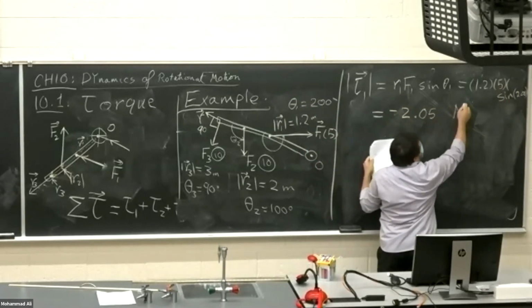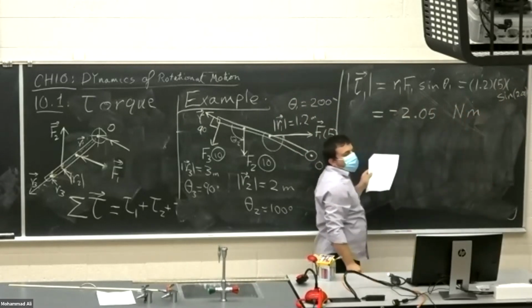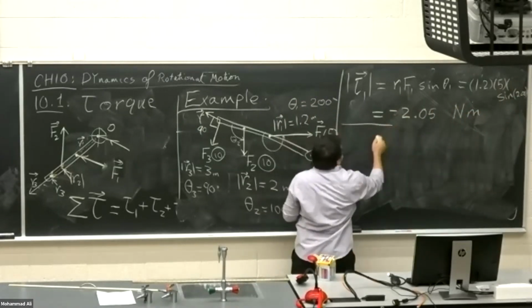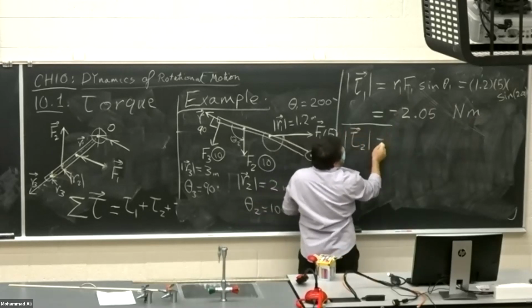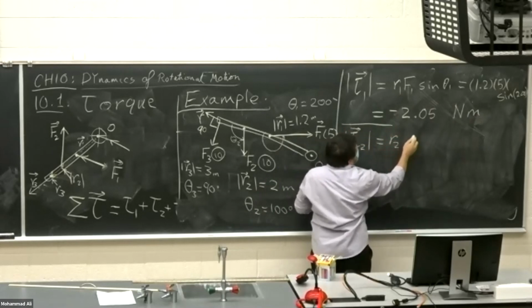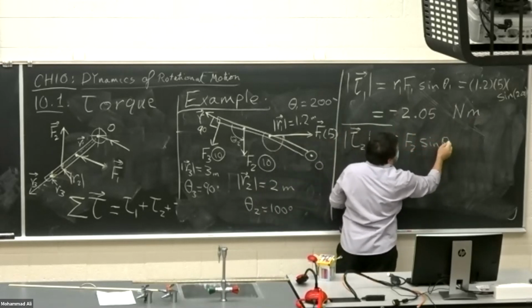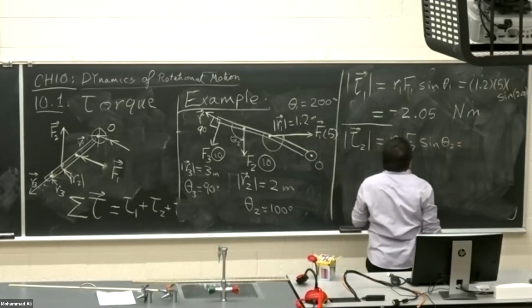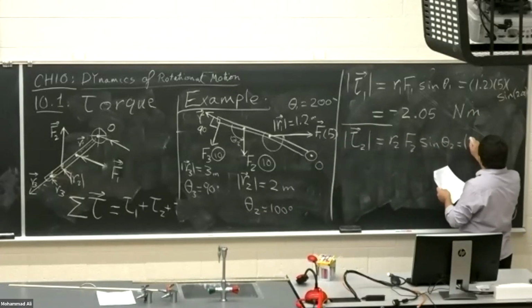It's in Newton because it is a force, and we have a radius, which gives us the meter. What about torque 2 for the second force? It is equal to R2 F2 sine theta 2. R2 is given also, it is 2 meters.